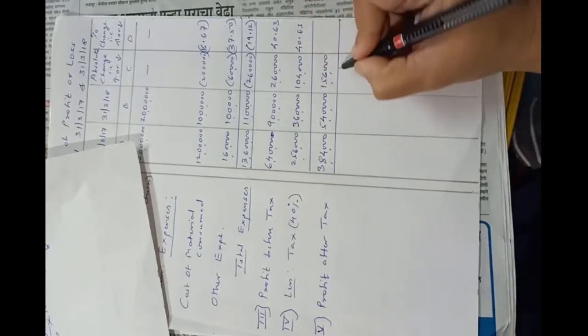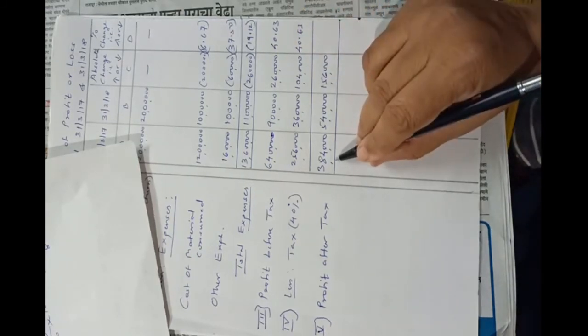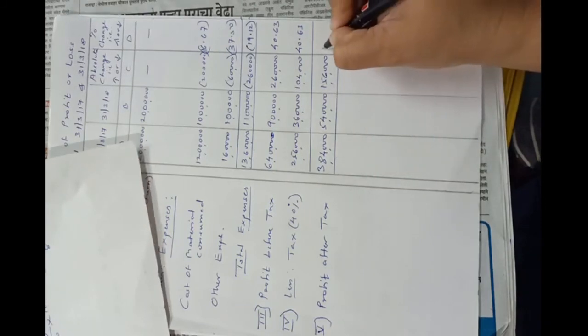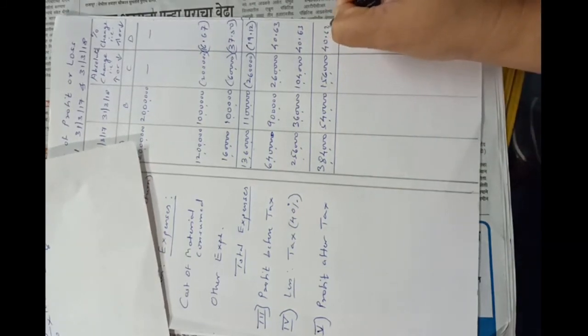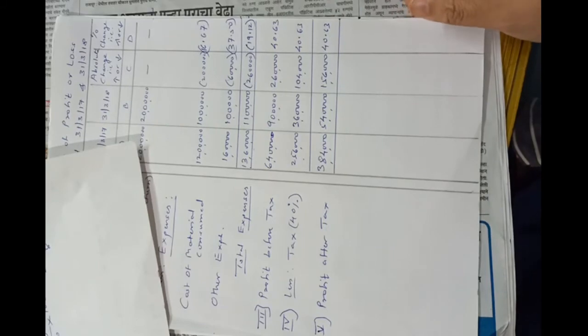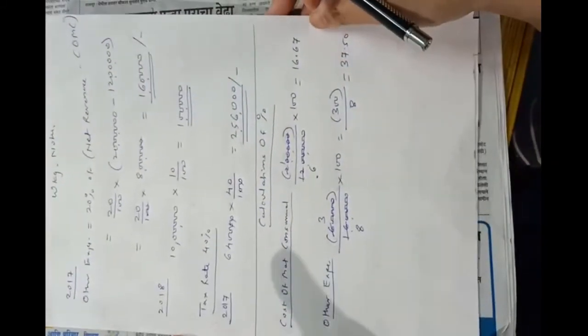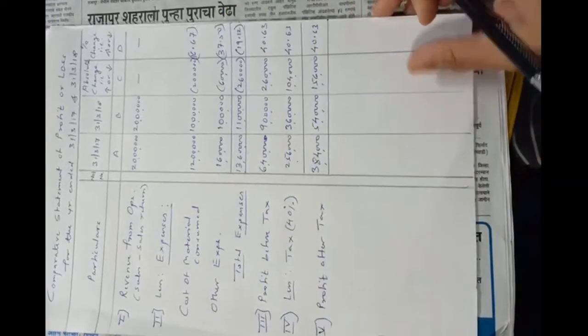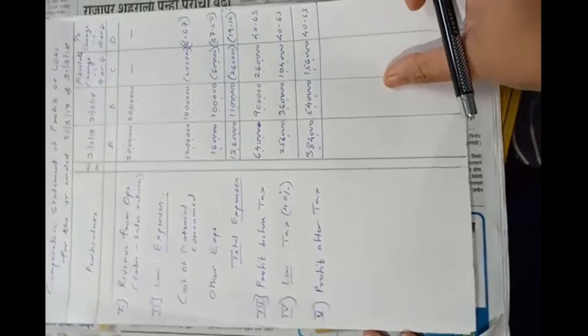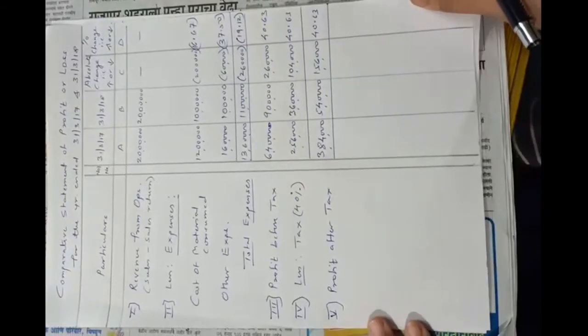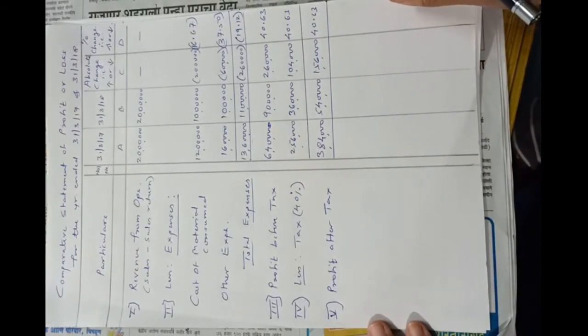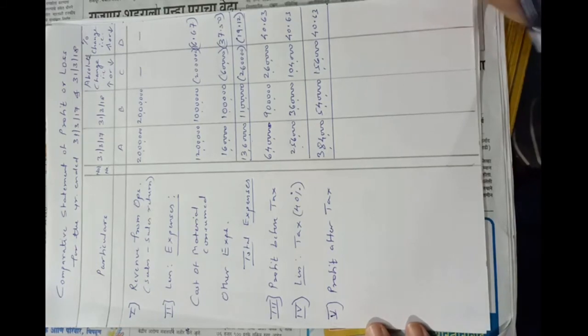And 1,56,000 divided by 3,84,000 into 100, again 40.63. In this way, prepare the working notes, make the calculation of percentage and write it in the percentage column. In this way, we have to solve the comparative statement of profit or loss. Okay, so calculate it in your notebook, and if there is any doubt you can ask.